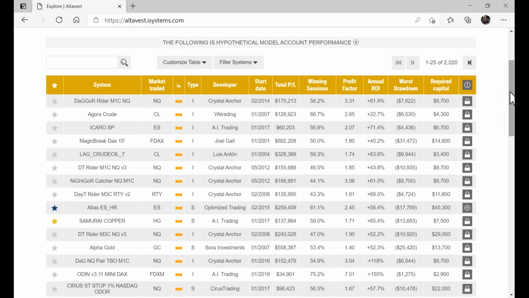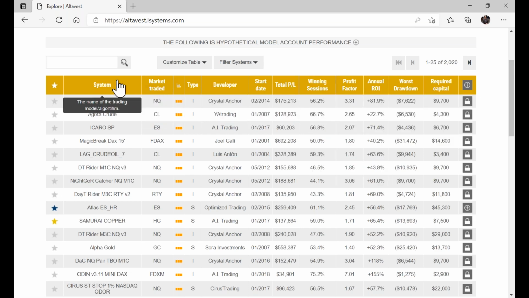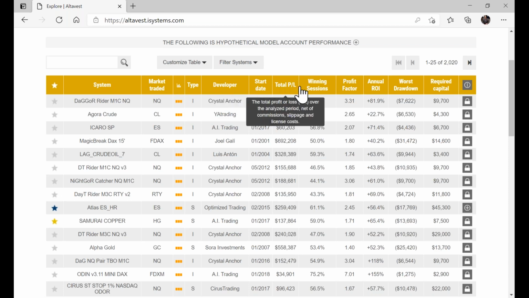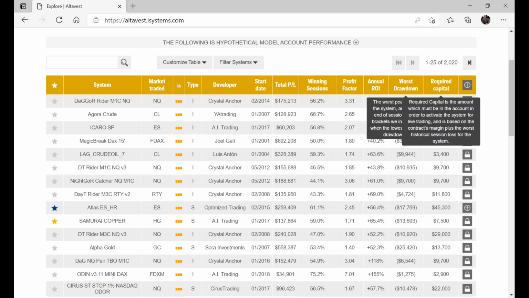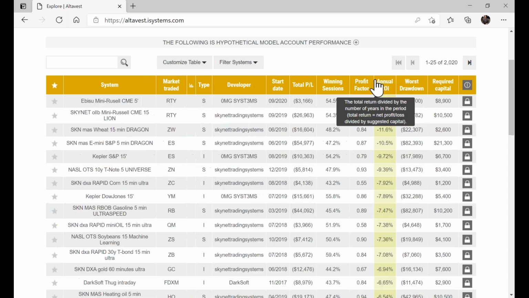Let's demonstrate that. But first thing I want to point out is this table here with all the, you could call it the headers here, or the titles. You can sort these by ascending or descending order. For example, annualized ROI. We'll click on that and go ahead and sort these in ascending and descending order.